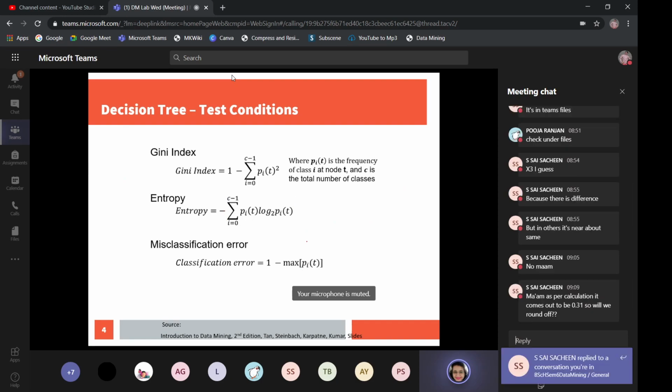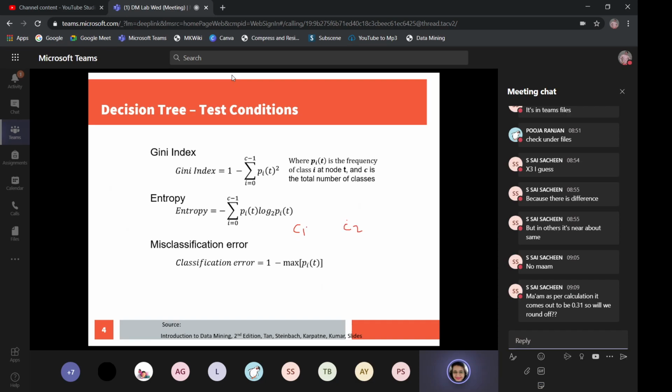Most classification algorithms give you a probability. They never say that this record will 100% be C1. They will always give you a probability, such as a 70% chance that this record belongs to class 1, or a 30% chance that it belongs to class 2.